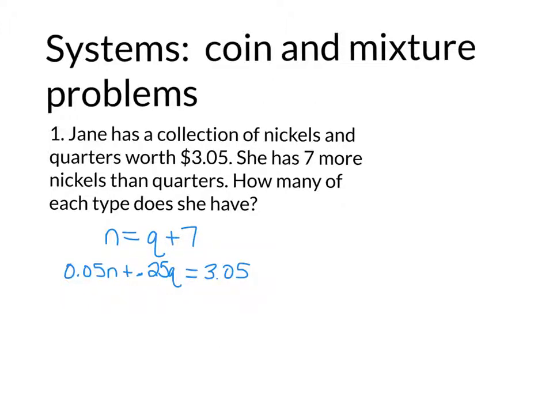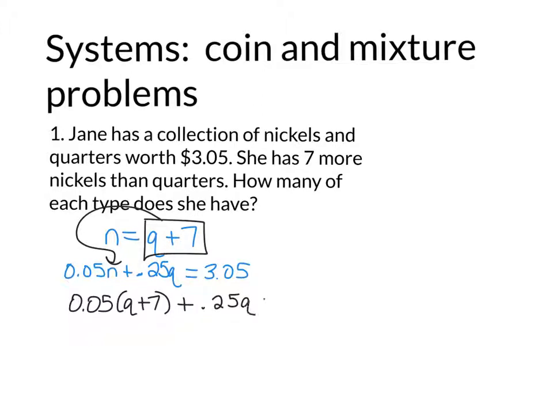So now, this is easily set up for substitution. I'm going to take this, plug it in. So that gives me 0.05 multiplied by Q plus 7, plus 0.25Q equals $3.05. Now we just solve.